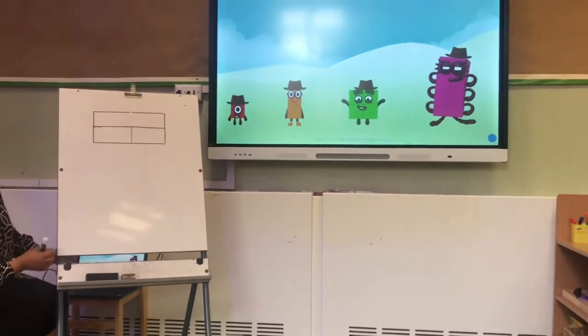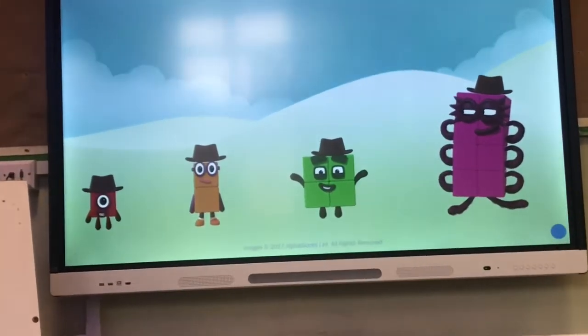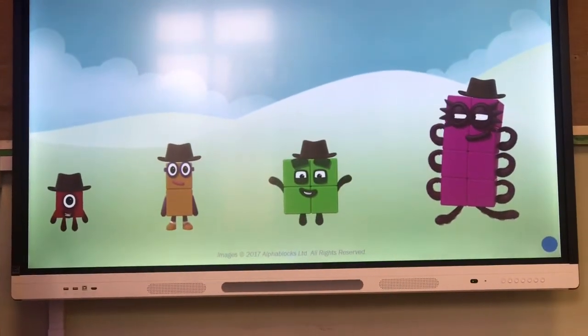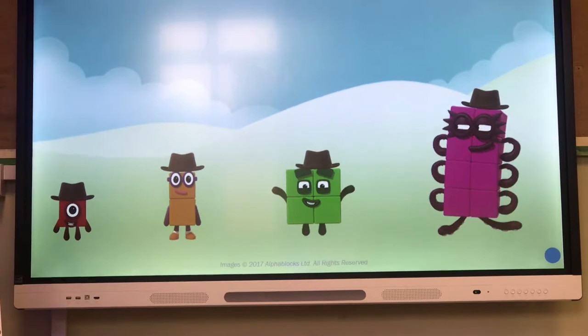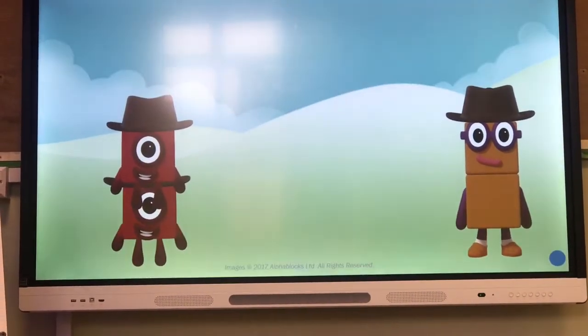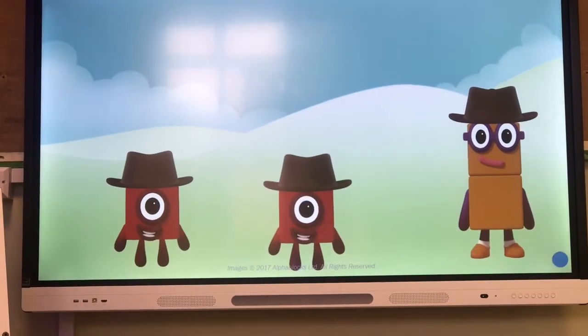Okay, we have number block 1, number block 2, number block 4, and number block 8. Keep looking at the board. Have a look at that.